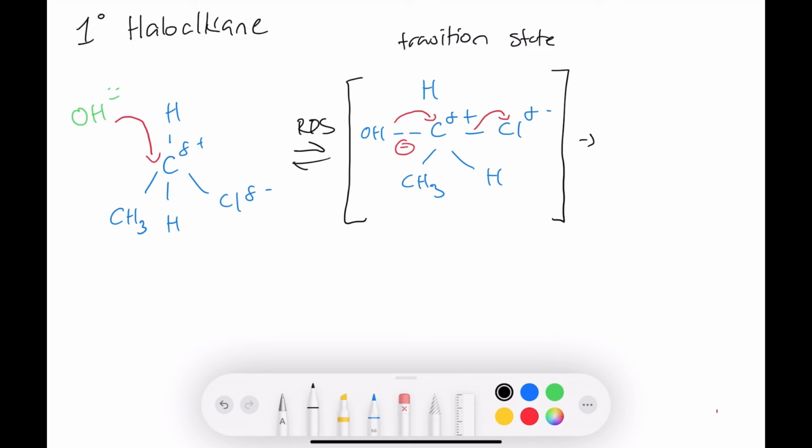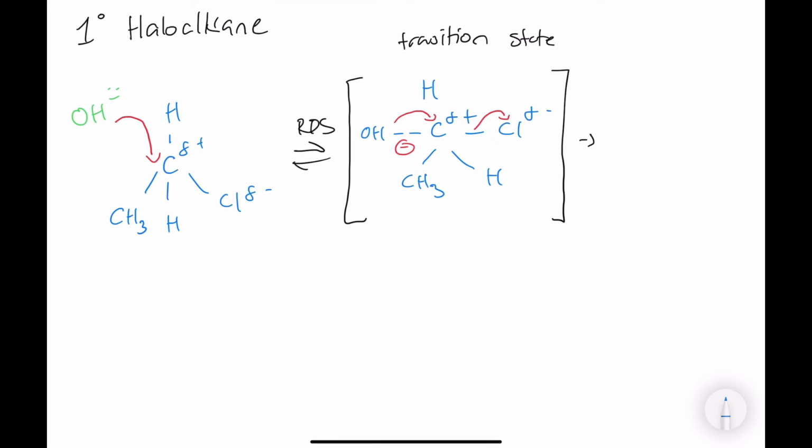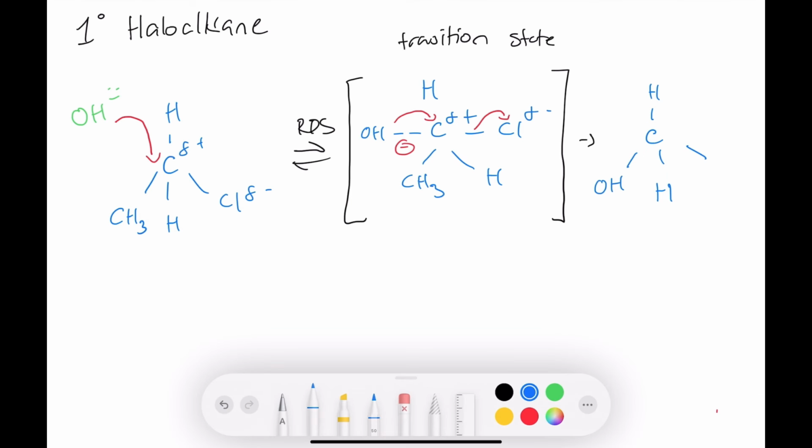So what we have in the end is this, that we have the bond, the OH, and then plus the chloride ion.